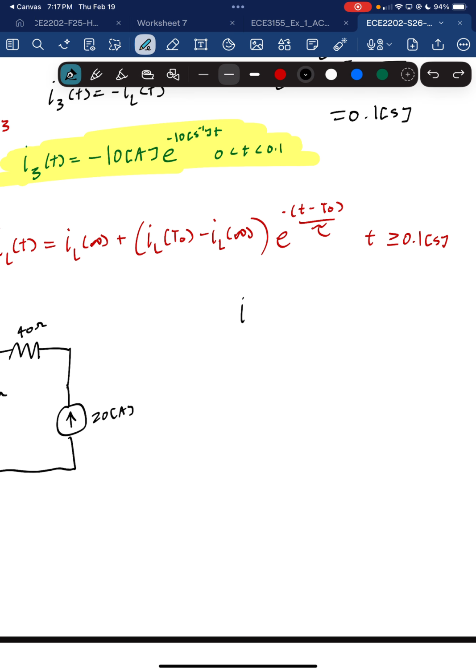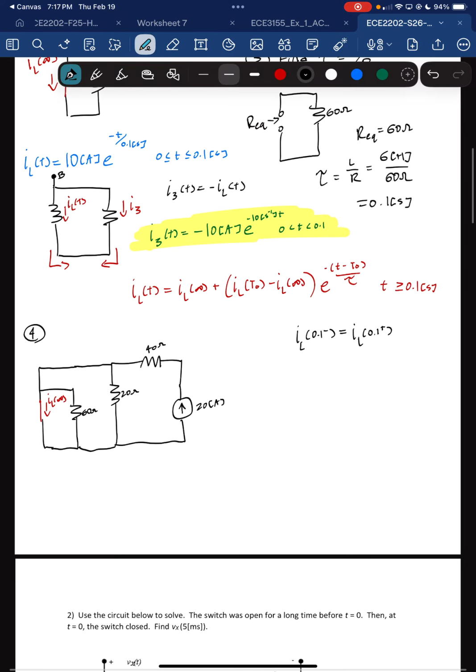Is it accurate to say the current through an inductor at 0.1 minus, as t approaches 0.1 from the left, is equal to IL at 0.1 plus, as t approaches 0.1 from the right? We can say those values are equal because it cannot change instantaneously. Even though the switch at 0.1 is shifting, the current through that inductor has to stay the same for that instant, right?